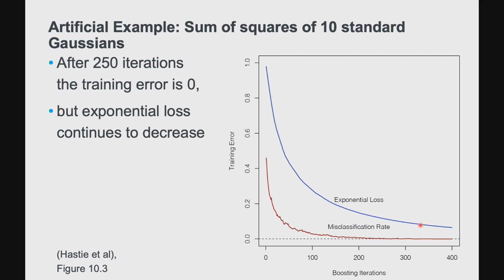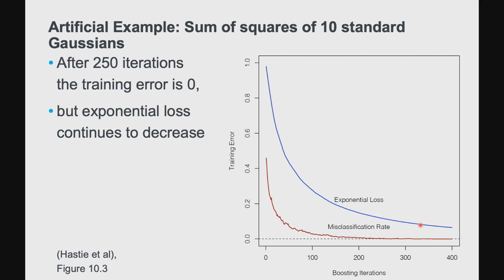It must be in this class +1. So what we do with this exponential loss is we push our decision stumps as far away from our data points as possible to make as decisive a decision as possible.